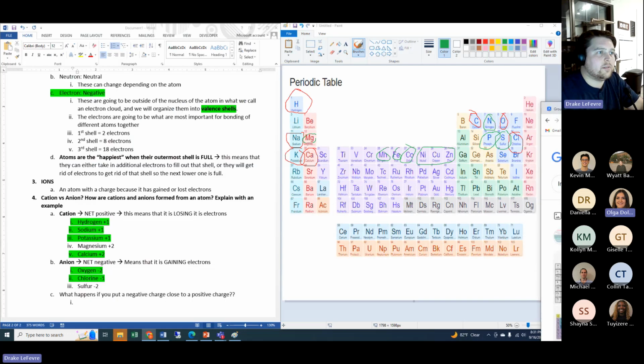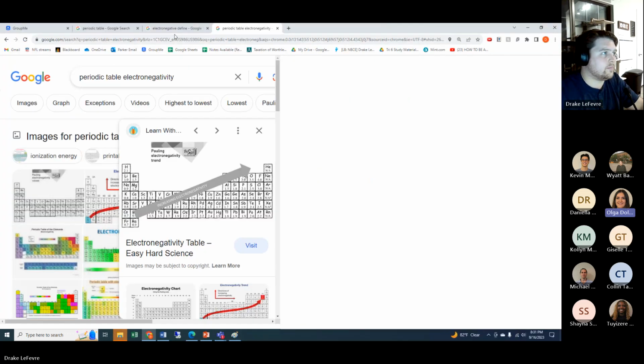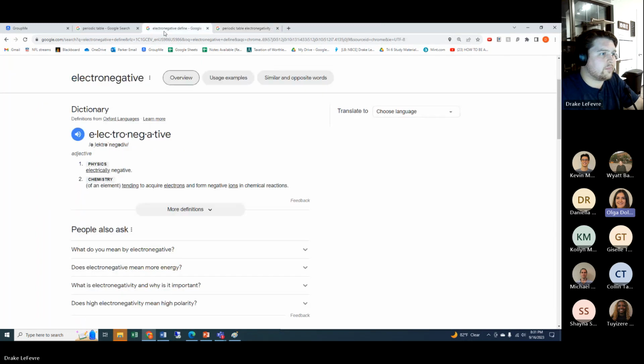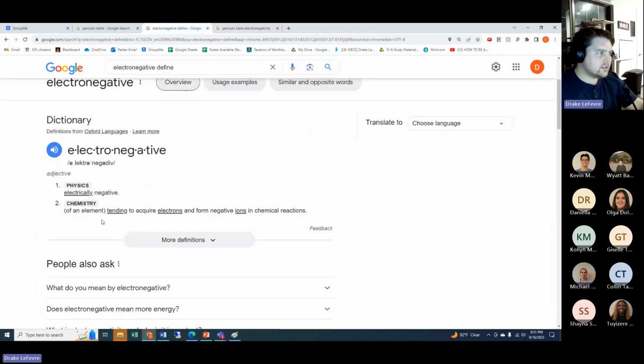Sorry, electronegativity, can you explain the concept? Like, why does it get more electronegative? Yeah. What electronegative means is that it has a tendency to acquire electrons and form negative ions in chemical reactions.